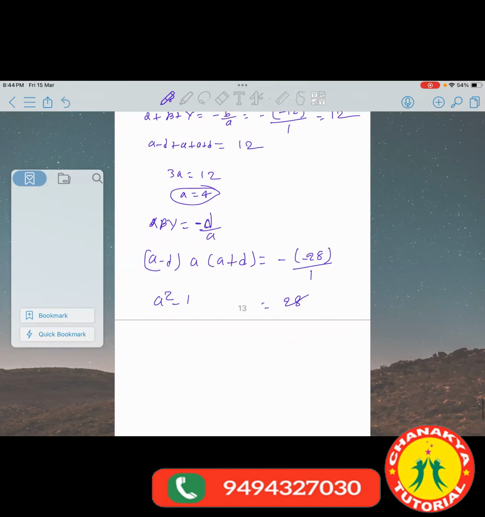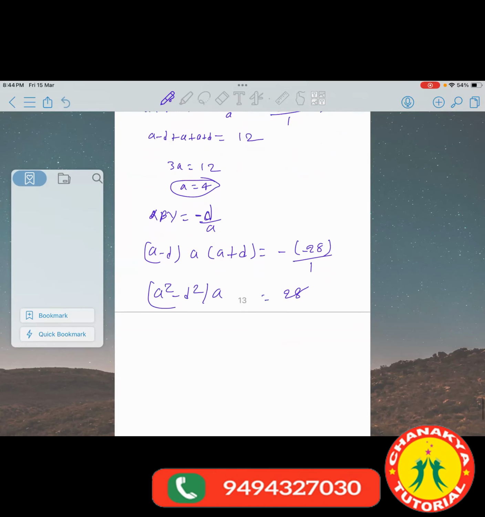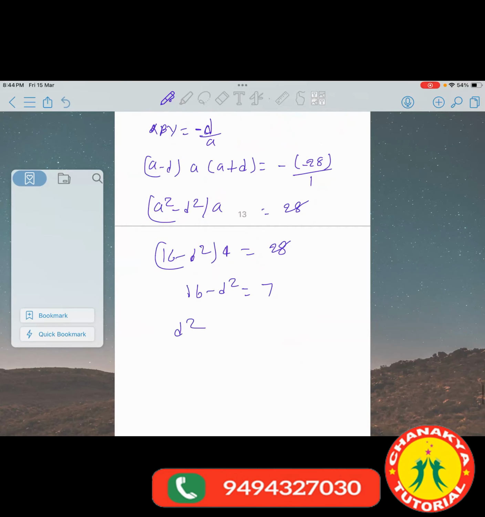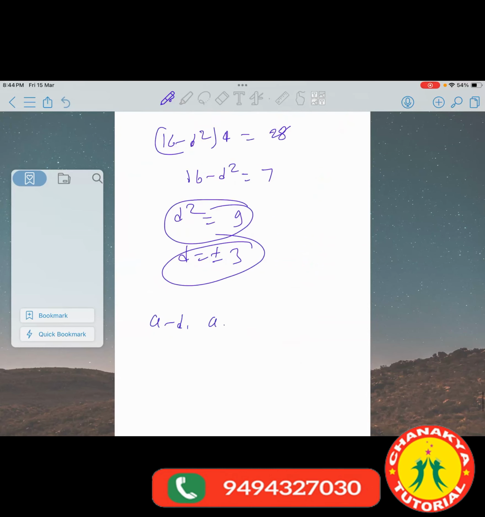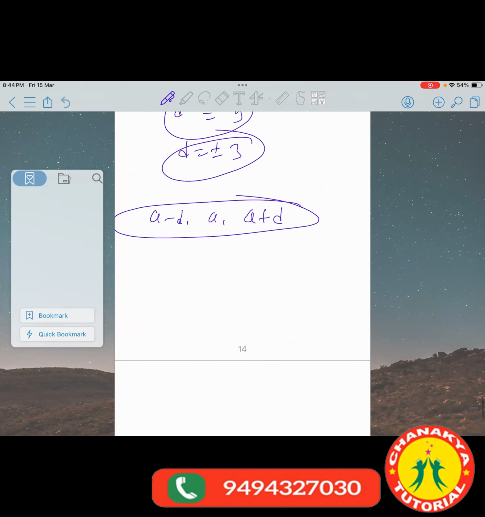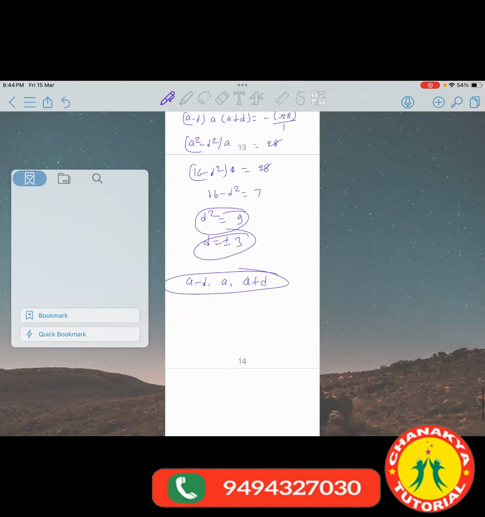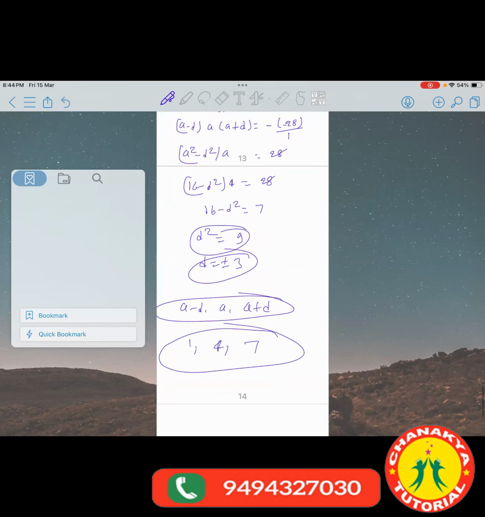So a square minus d square into a is equal to 28. Put the a value 4: 16 minus d square, into 4, equal to 28. 16 minus d square is equal to 7. You can solve. d square is equal to, I think, 9. So d is equal to plus minus 3. So the three roots are a minus d, a, a plus d. So I think we're saying the right answer 147 is the correct answer.